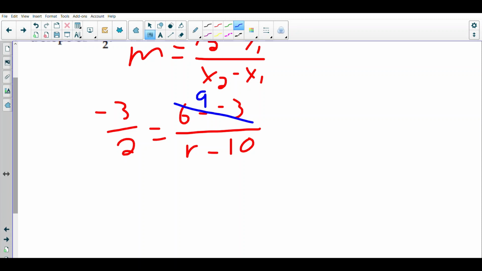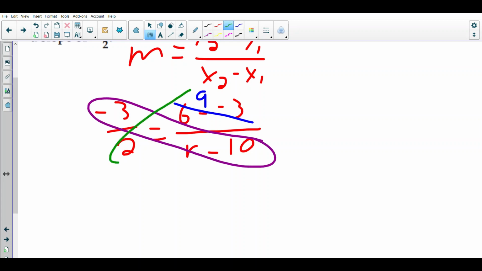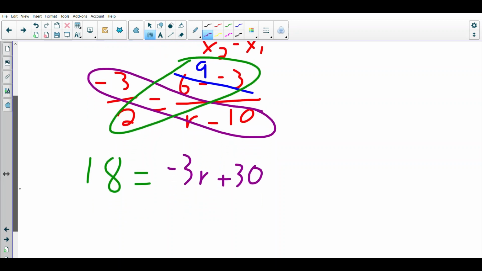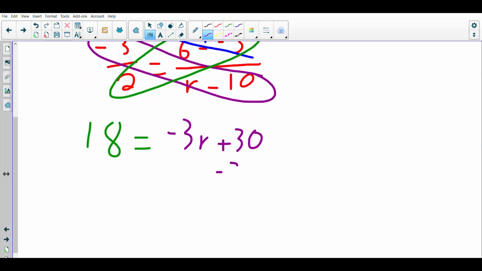We can cross multiply. So I get 18 equals, now I have to distribute, -3r plus 30. Now I'm just at a game of algebra. Subtract 30 from both sides.